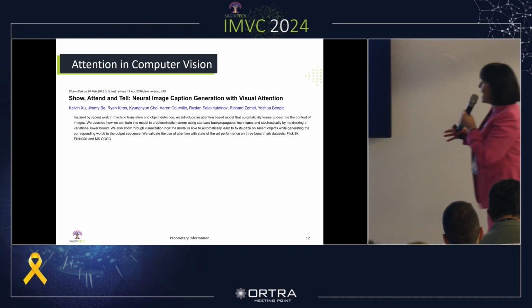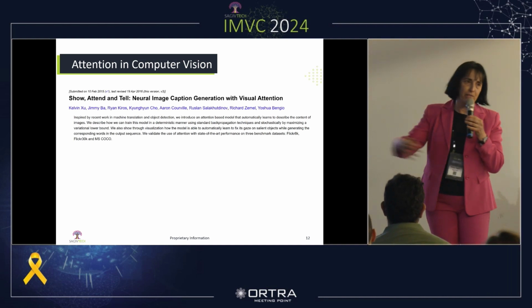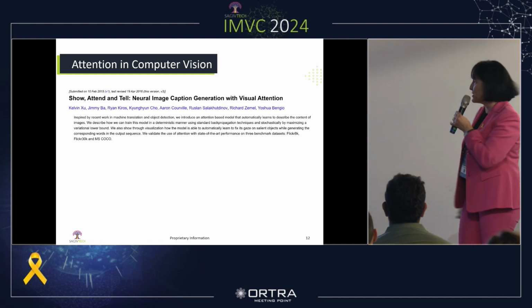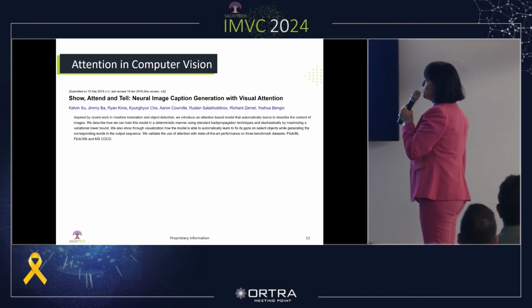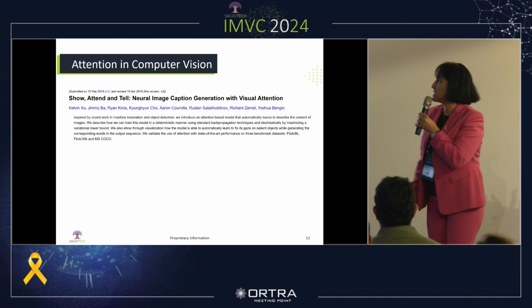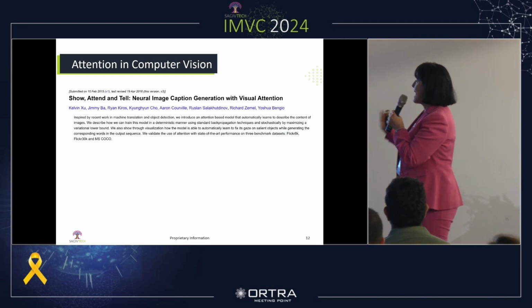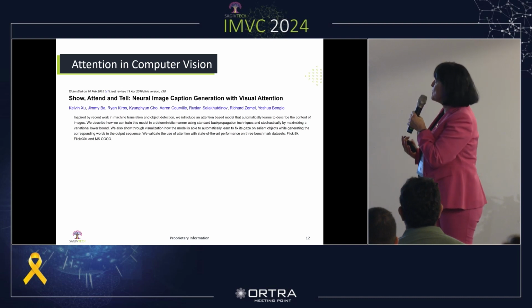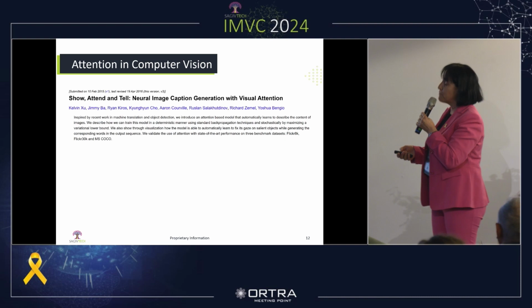Now, attention started from LLMs, but then it also invaded the field of computer vision. And again, you see the name of Yoshua Bengio, one of the very early works on attention in computer vision was to generate captions to describe some kind of visual information.